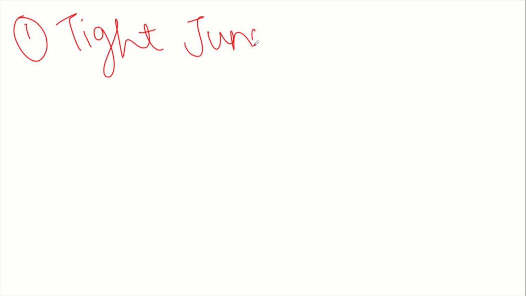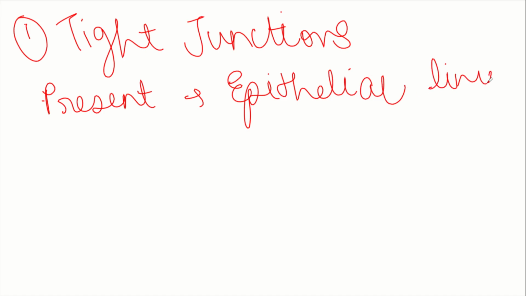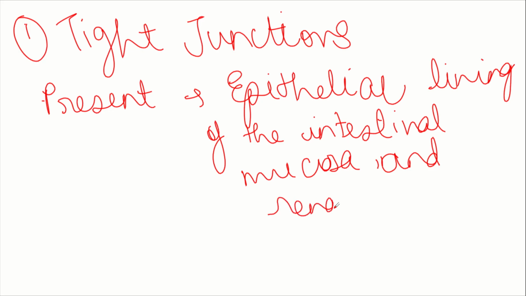So what are tight junctions? Tight junctions are present in the epithelial lining of the intestinal mucosa and renal tubule.